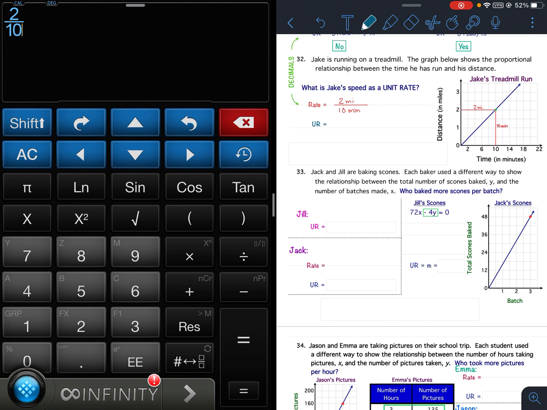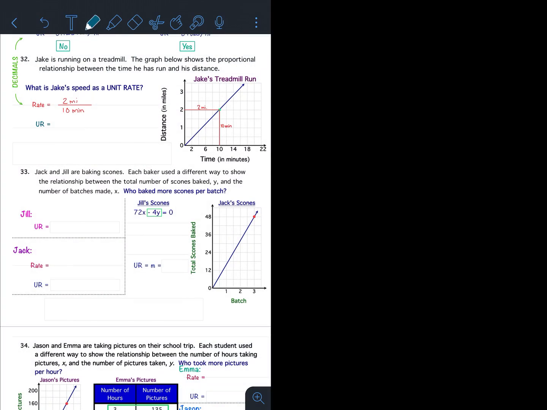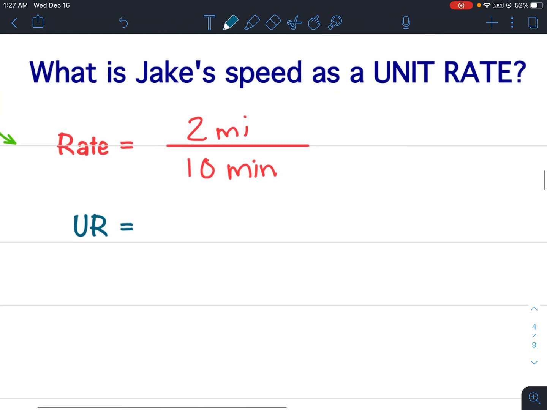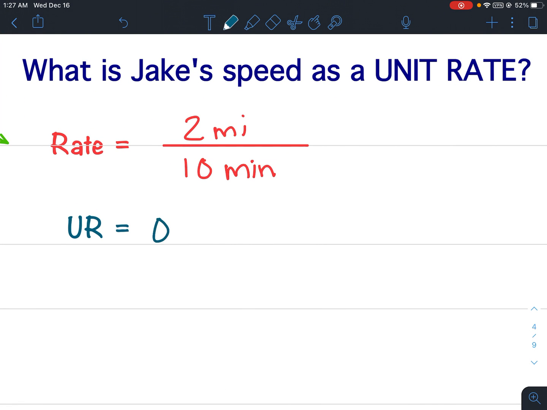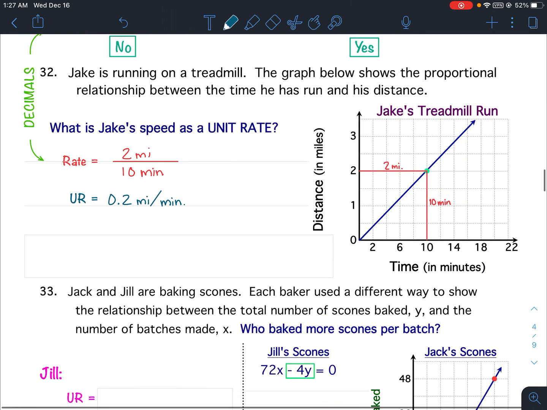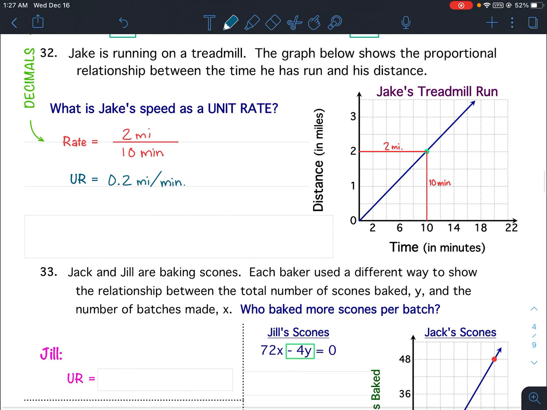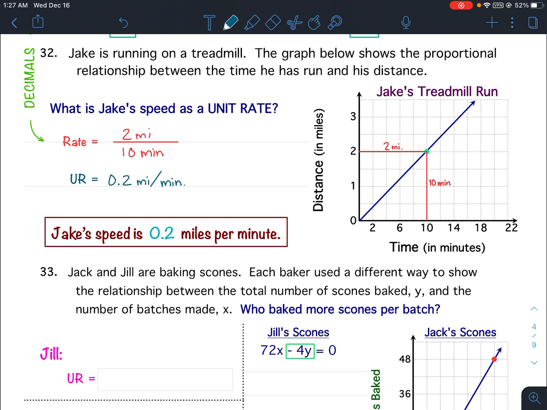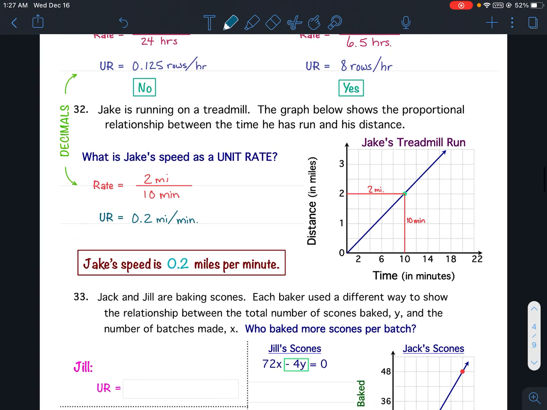Two over 10 is 0.2. So this would be 0.2 miles per minute. All right, since this is a word problem though, our final answer is, Jake's speed is 0.2 miles per minute.